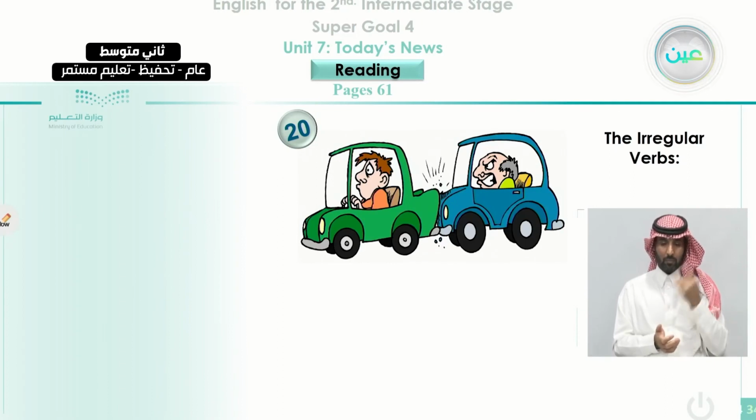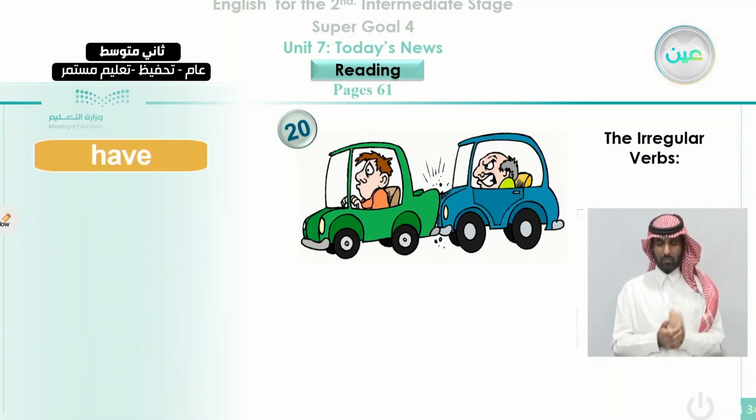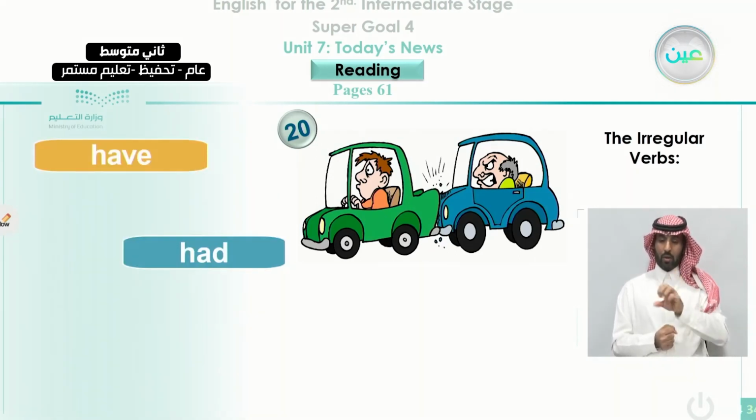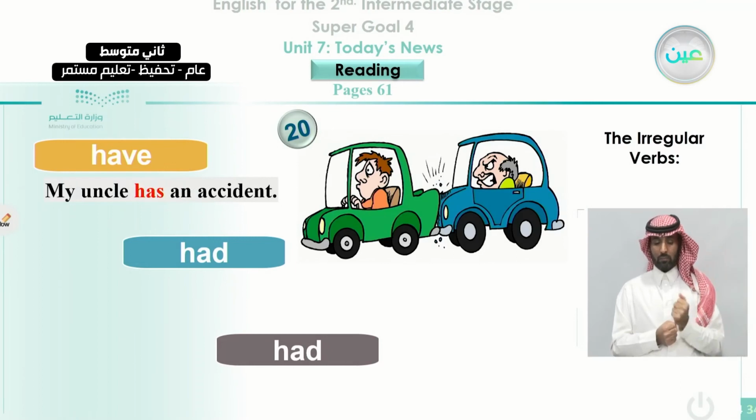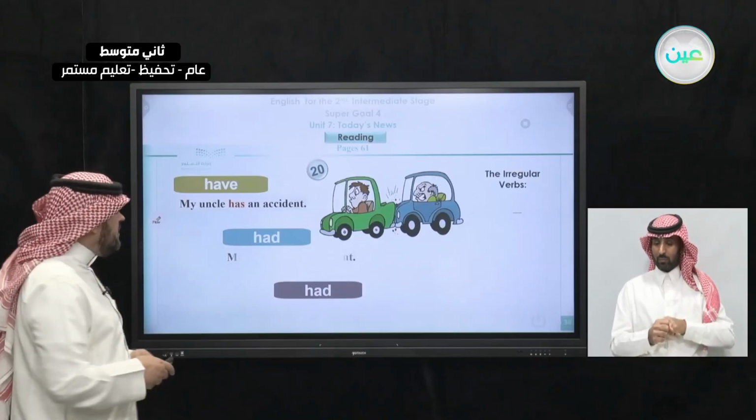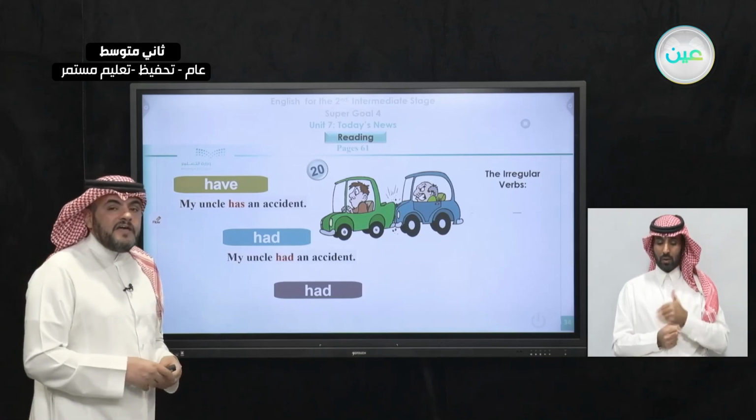And the last verb of today, we talk about the verb have. The past is had and the past participle is had as well. How can we use it in 3 sentences? We can say, my uncle has an accident. We talk about present. If we talk about something in the past, we care about the time. In the past, we say here, my uncle had an accident.